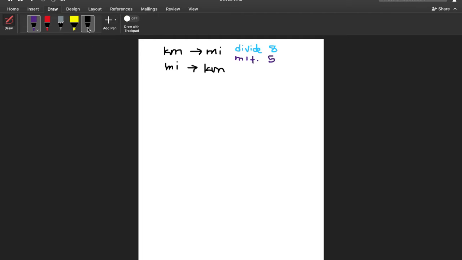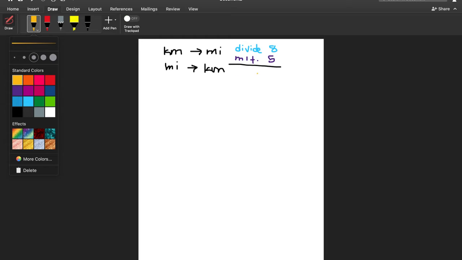And that is all you need to know for kilometers to miles, and then we'll go into miles to kilometers. So here you do the exact opposite.